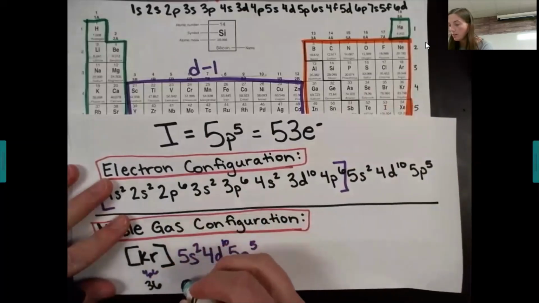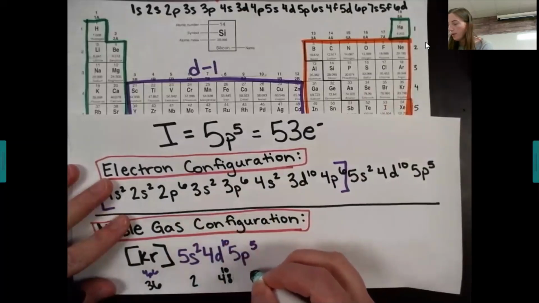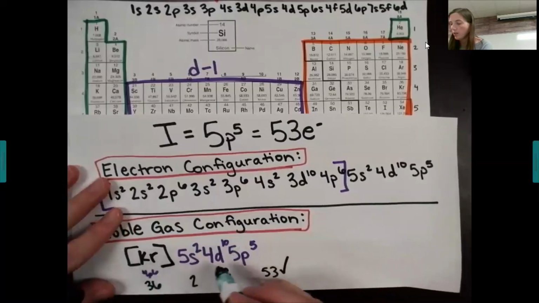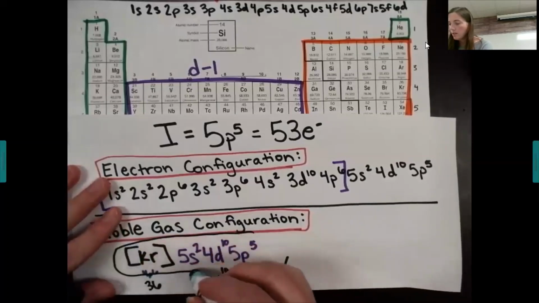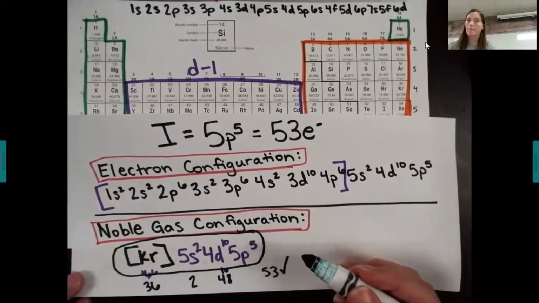So 36 plus 2 is 38, plus 10 is 48, and then plus 5 is 53, which is what we need. So this right here is the noble gas configuration for iodine.